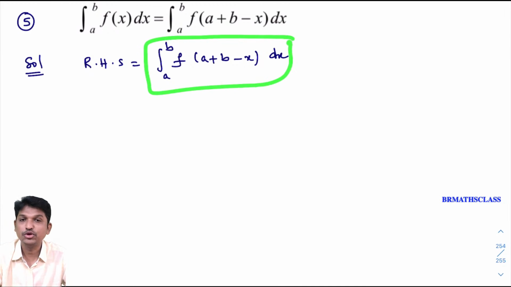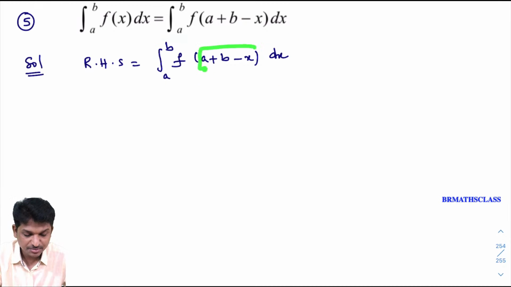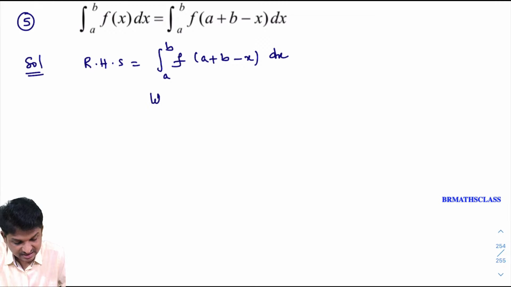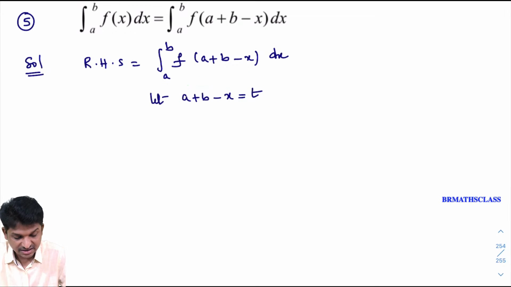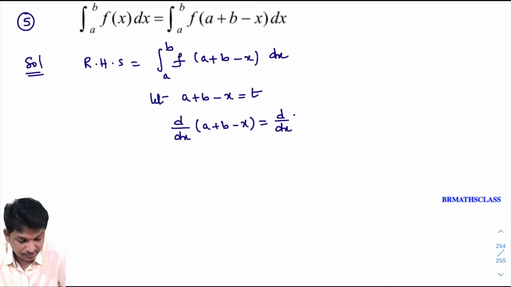As I said, I am going to do this by substitution method. I'll take a plus b minus x as t. Now you differentiate this with respect to x on both sides. d by dx of a plus b minus x equal to d by dx of t.